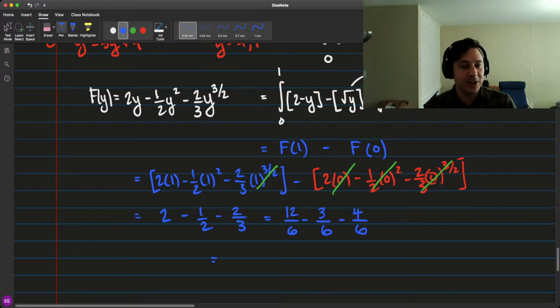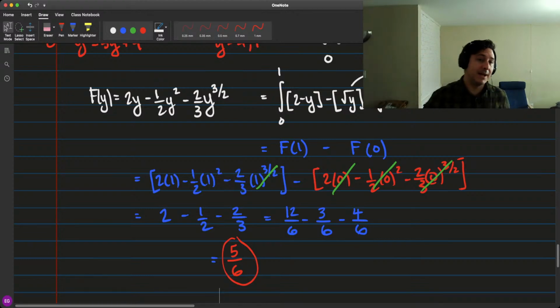See, I told you, remember earlier I was like, I don't think I can do arithmetic today? I wasn't joking around. 12 minus 3 is 9, 9 minus 4 is 5, and you get 5 sixths. Boom. That is the area of the region. We did it by having the region defined by y.